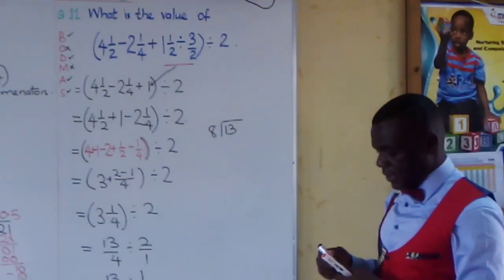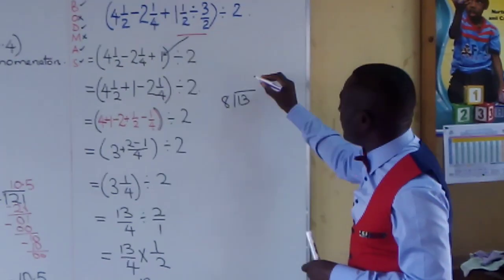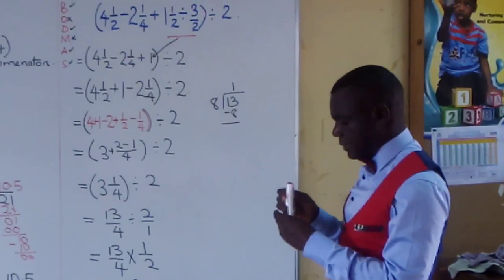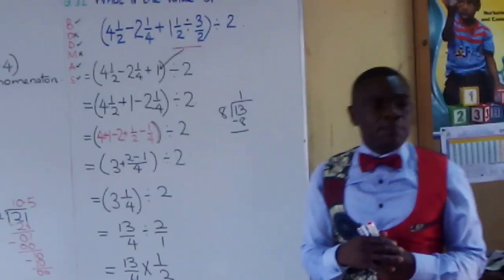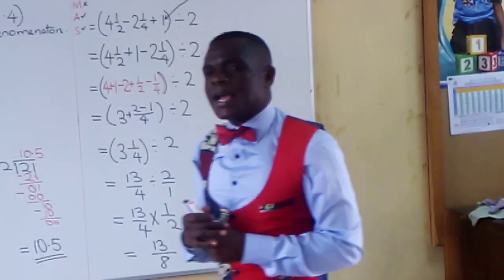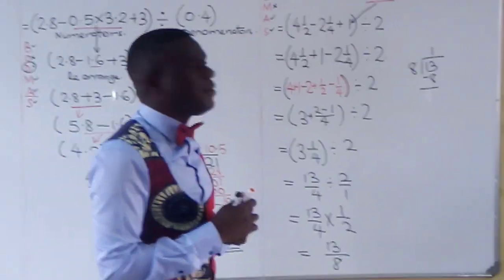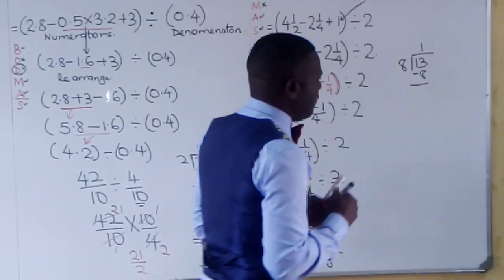Very good. 13 divided by 8 is 1 because of 8. What is the difference? 13 subtract 8. What is the difference? Takashi. Very good. The difference here is 5.